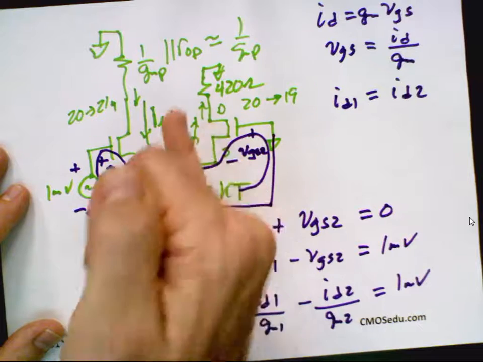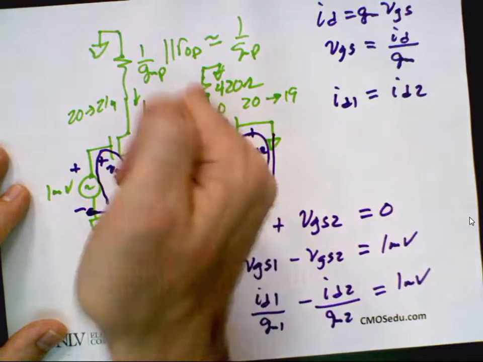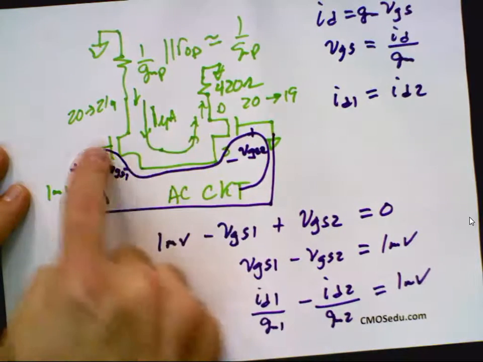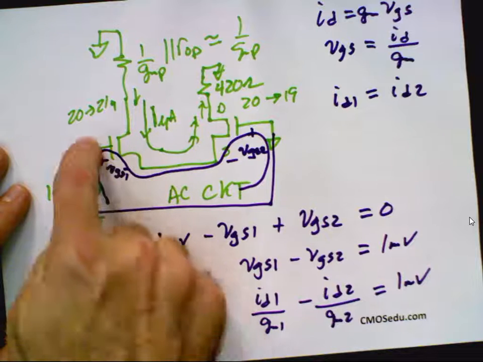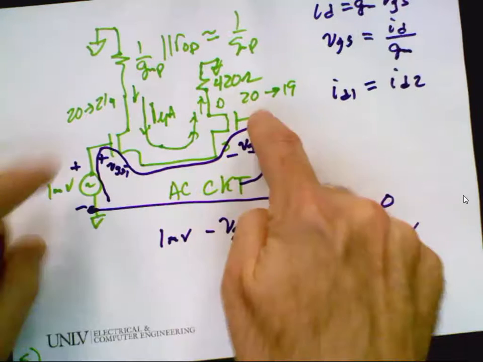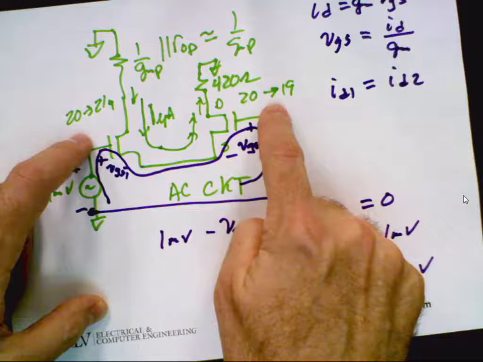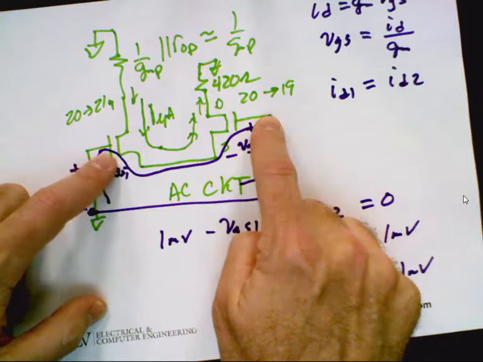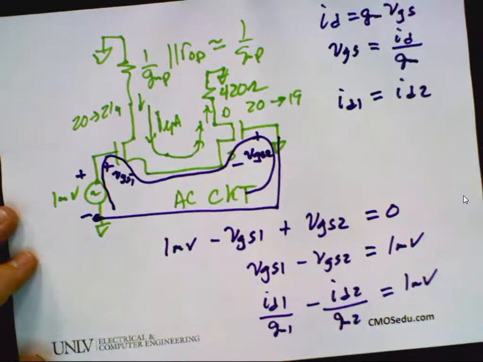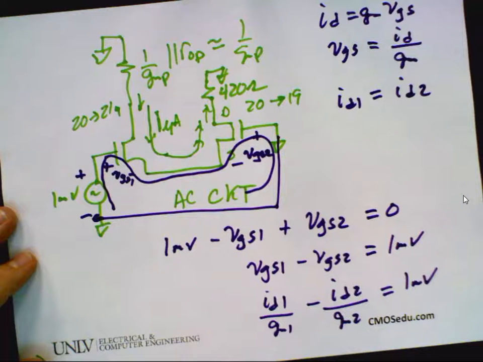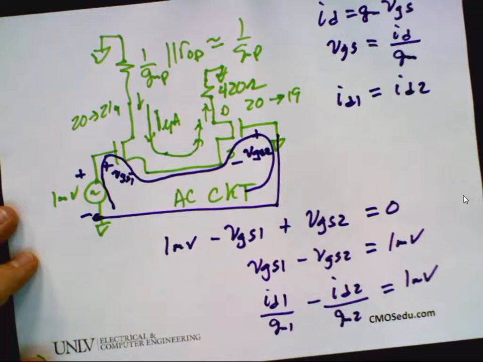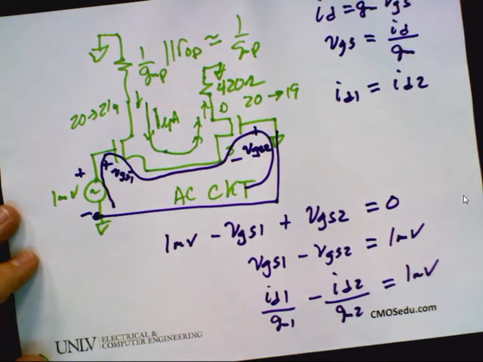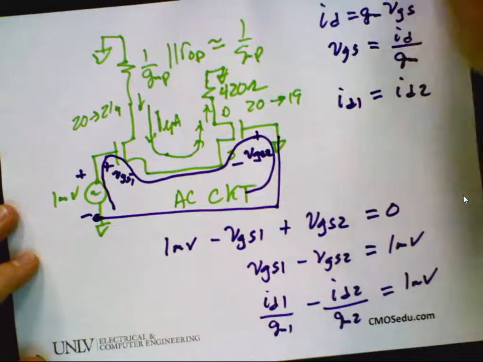I don't get confused when I draw currents going backwards for AC. I don't get confused when I have small voltages here for AC. Because I know in an op-amp, these two are basically the same value, so the VSGs are going to be very close to each other all the time. Any questions? Okay, so one other thing I can say here based upon this and this.